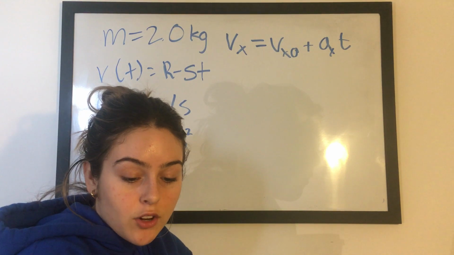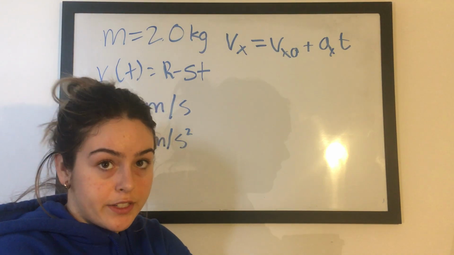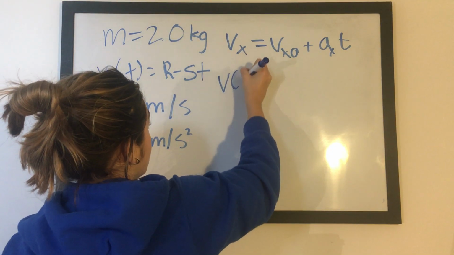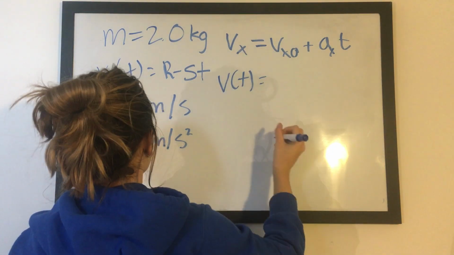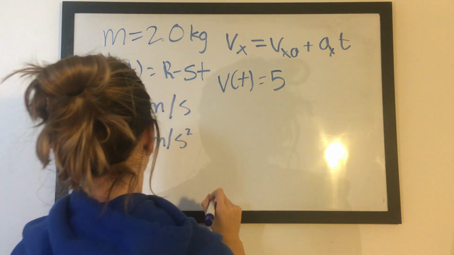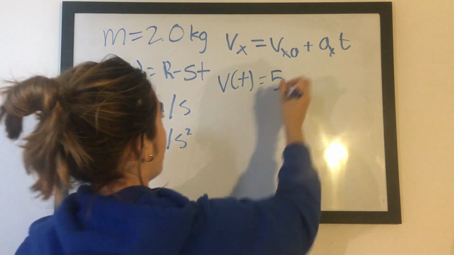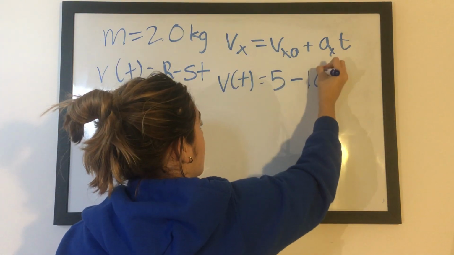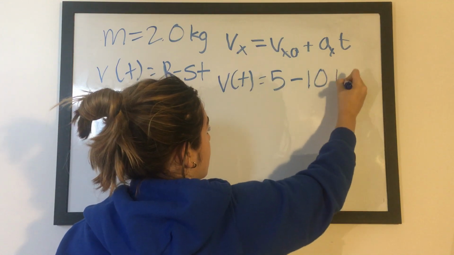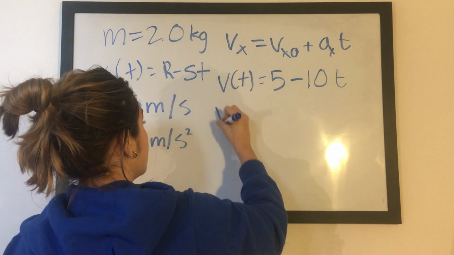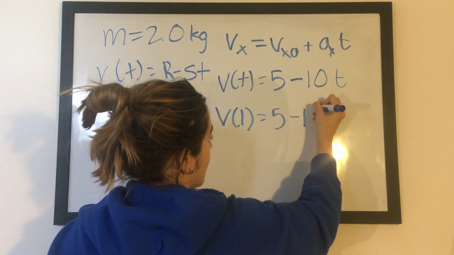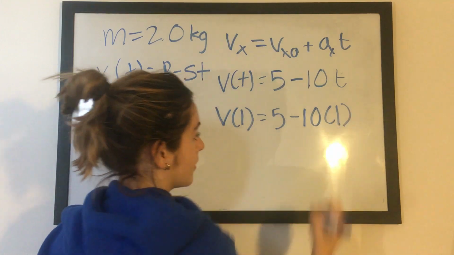So plugging in r and s into the equation for velocity, we get velocity v of t is equal to 5 minus 10t. So v of 1 is going to yield 5 minus 10 times 1.